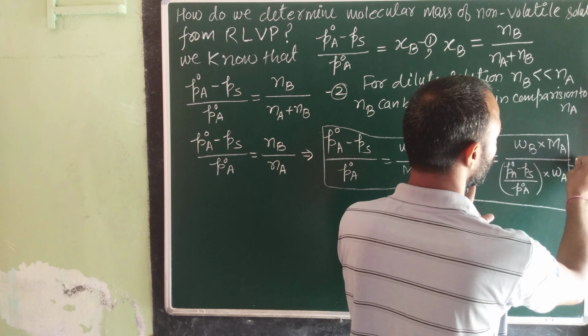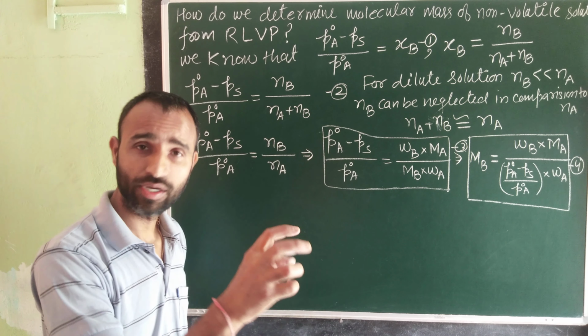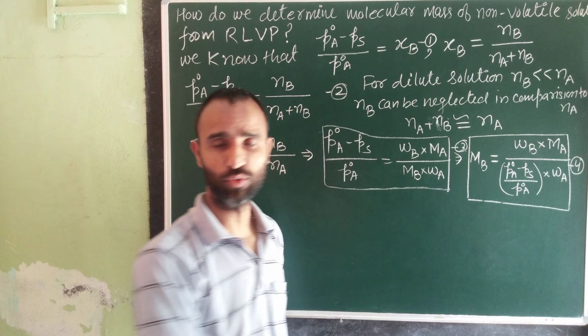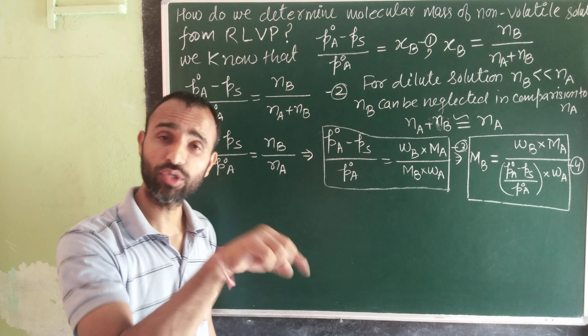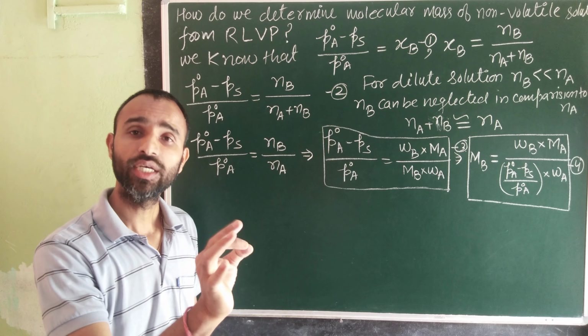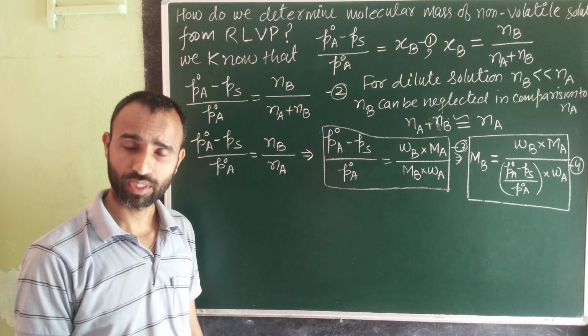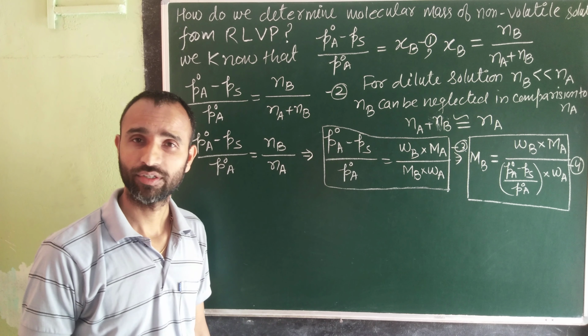This is the formula used, but it is used only when it is mentioned that solution is dilute, though it is applicable to dilute solutions only, but this is the approximate molecular mass, because here we approximate, we consider Na plus Nb equal to Na. So there is close agreement, but it is not correct.